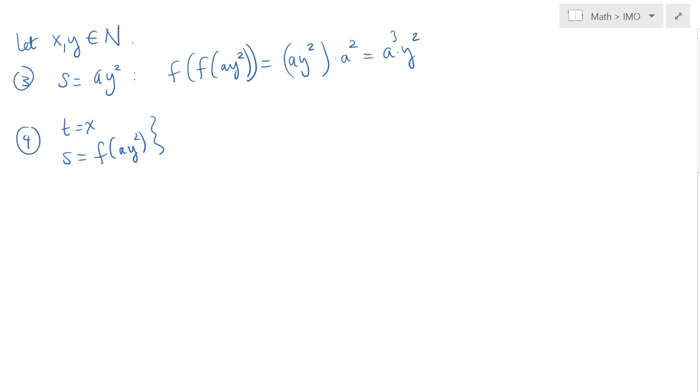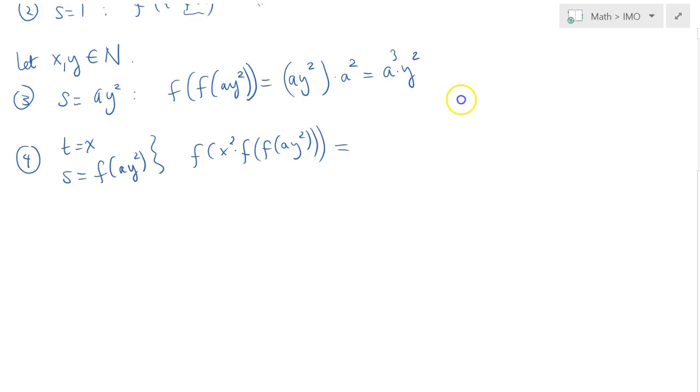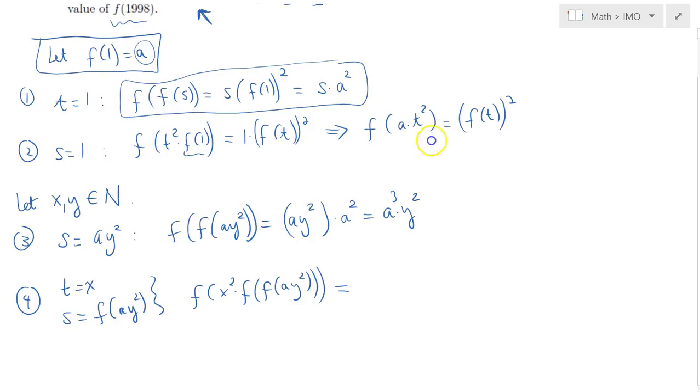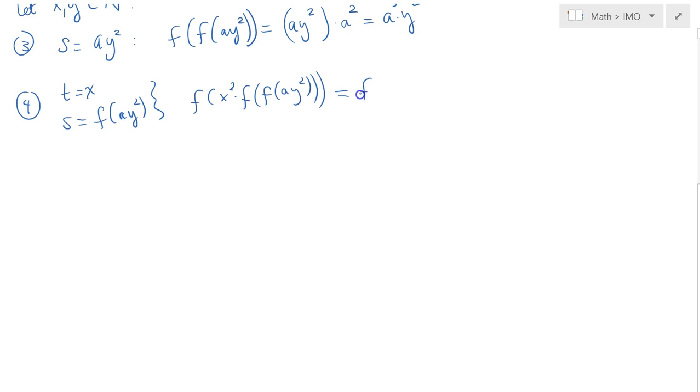Okay, so when we replace t with x, we would get f of x squared times f of s, but s here is this expression, so f of a times y squared, and that's simply equal to s times f of t squared, so s is this, times f of x squared.